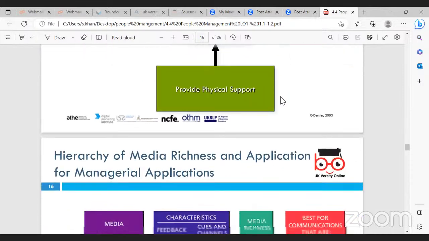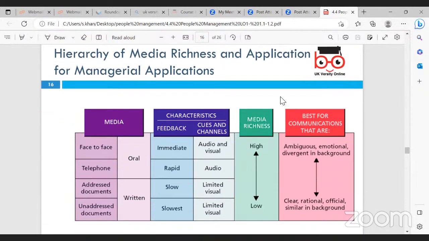Okay. Hierarchy of media richness and application for managerial applications. So we have the media: face-to-face, telephone, which is oral, addressed documents, and unaddressed documents, which is written. Characteristics: feedback, which is given immediately, rapid, slow or slowest, and then cues and channels, which are audio and visual, audio, limited visual, and limited visual.